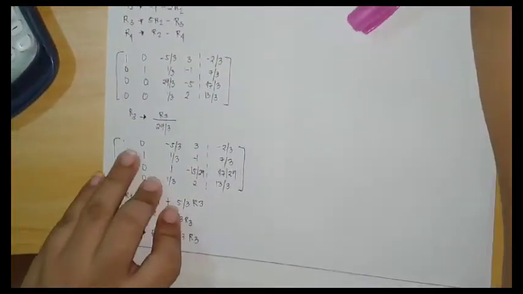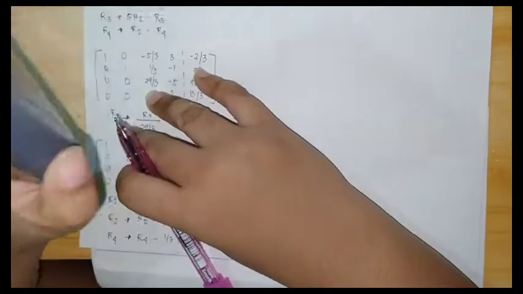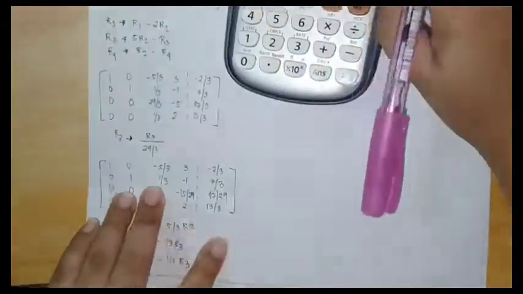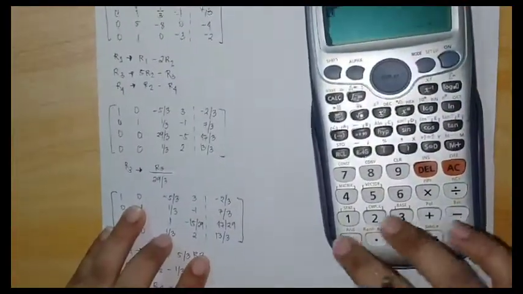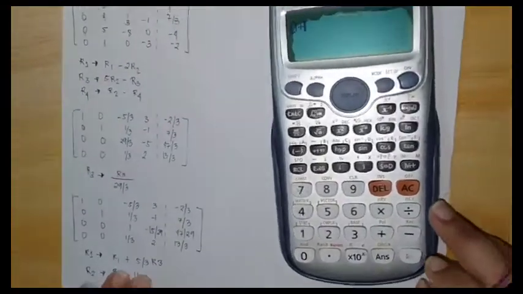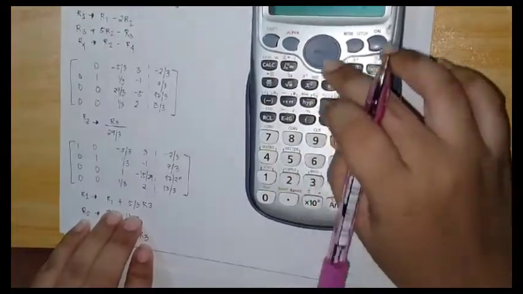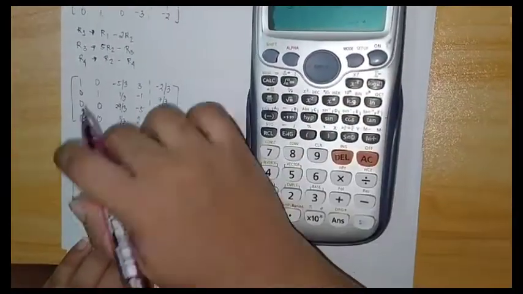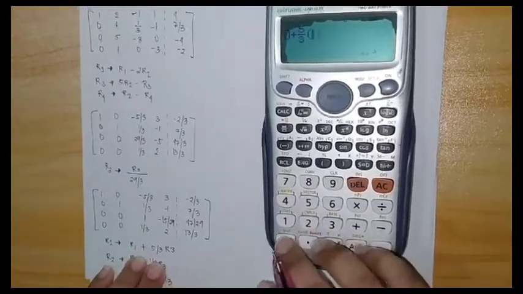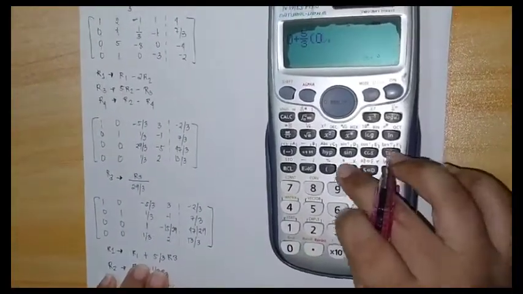And next, 0. So 0 plus 5 over 3 times R3 here, which is 0, equals 0. So it's still 0.